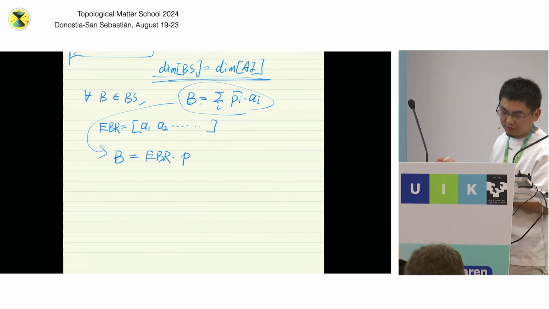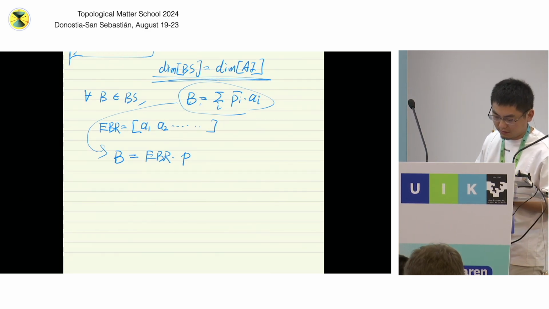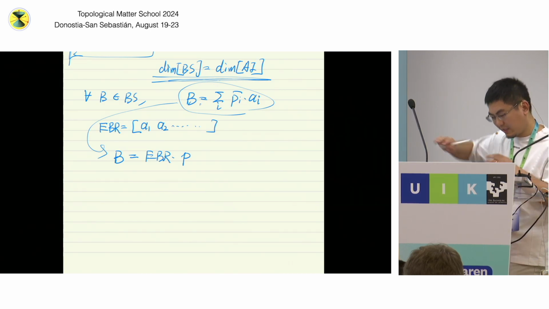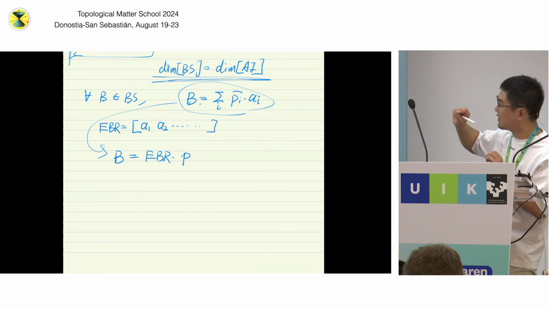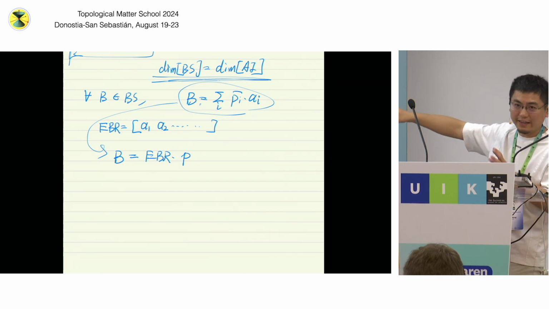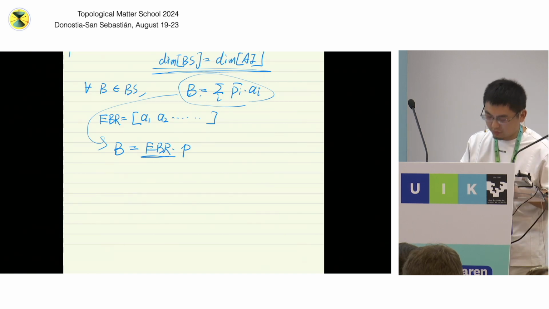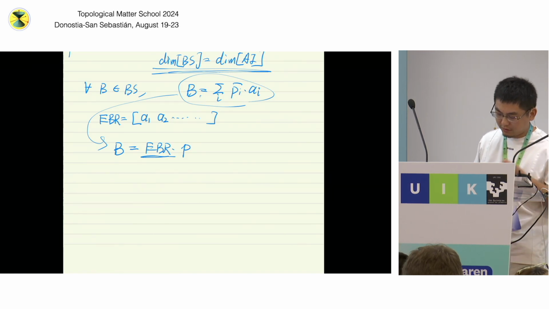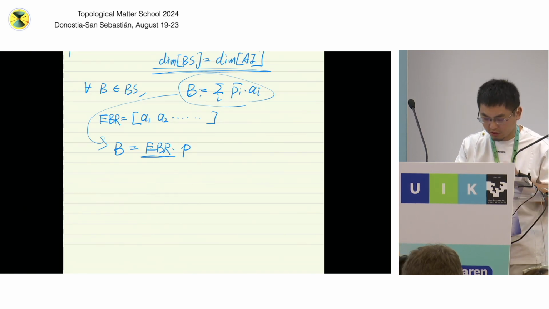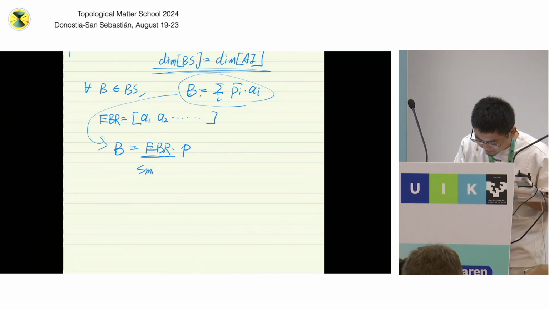This is a very complicated equation. It looks very simple, but I say it's complicated because these quantities are integer. So we have this integer constraint. So a very useful tool we can make use of is the so-called Smith normal form.